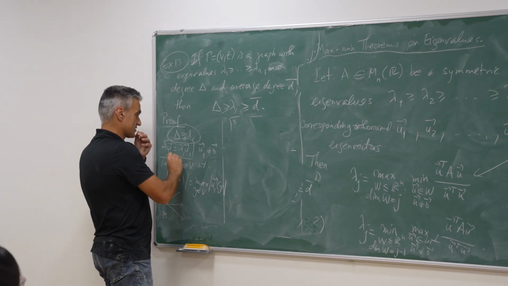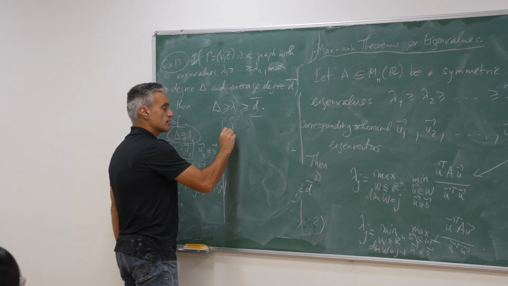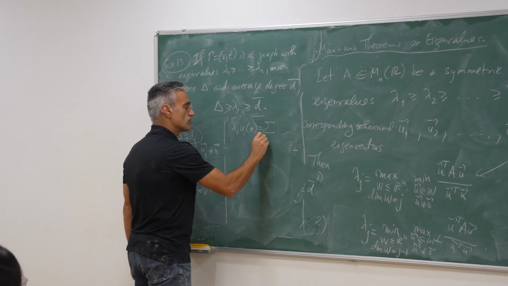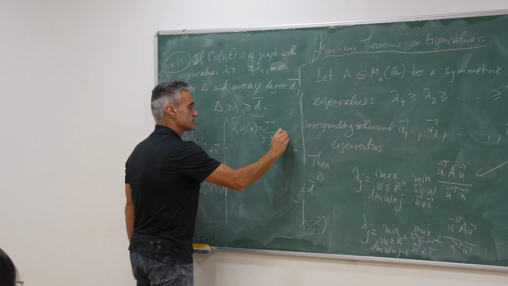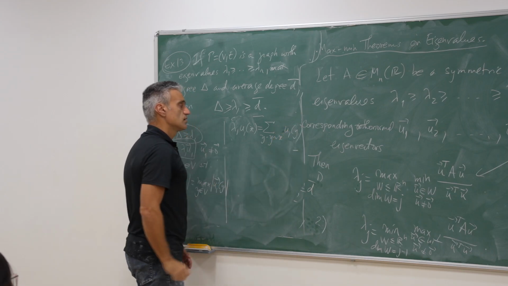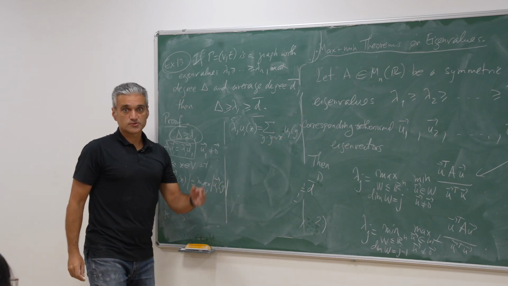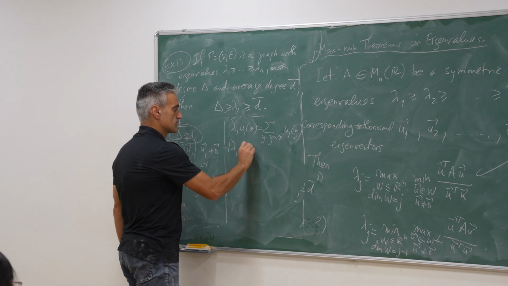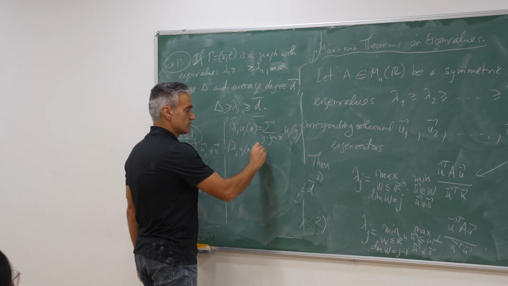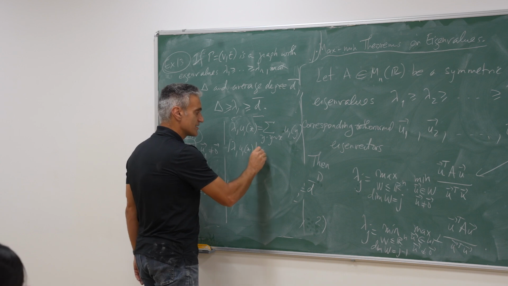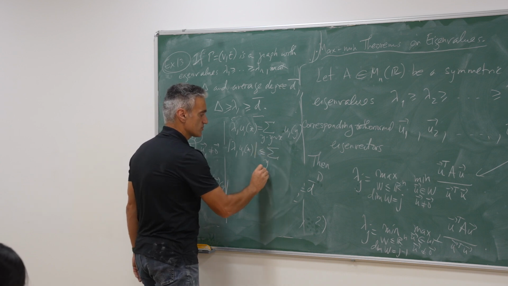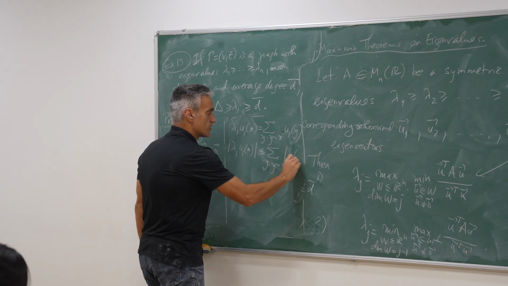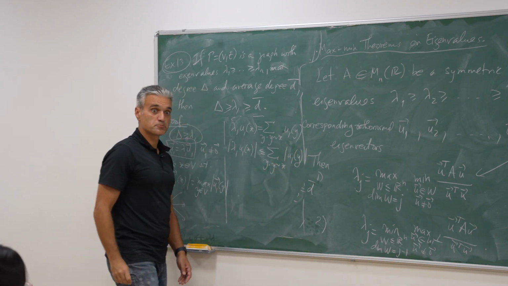So from this equation, you have that lambda 1 u1 at x is the sum over all y adjacent to x of u1 y. And you just apply absolute value to both sides, and you get lambda 1 absolute value of u1 x is going to be less than or equal, by triangle inequality, to the summation over y adjacent to x of absolute value of u1 y.